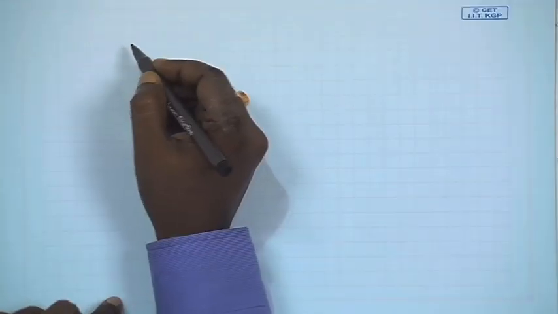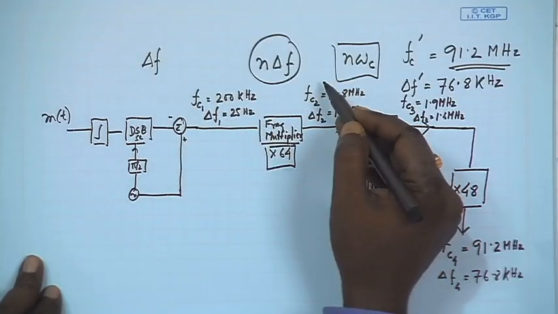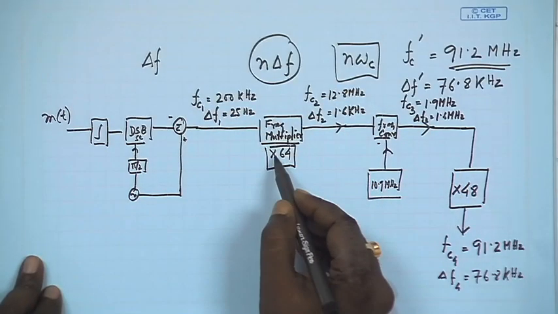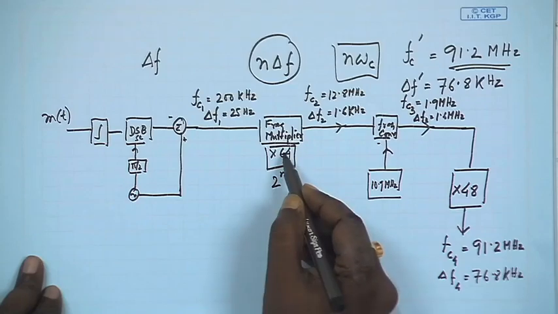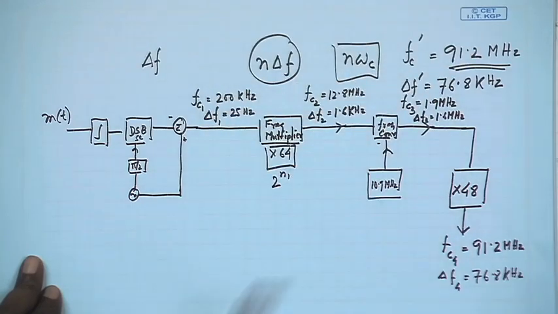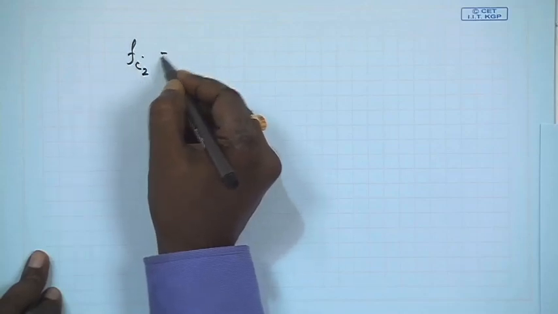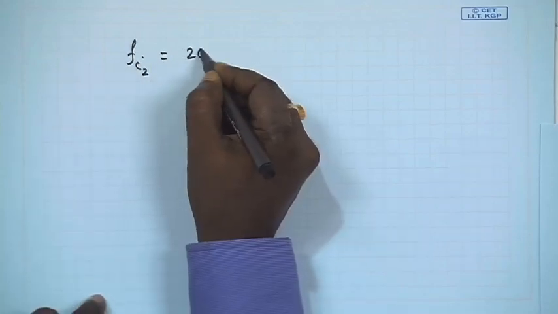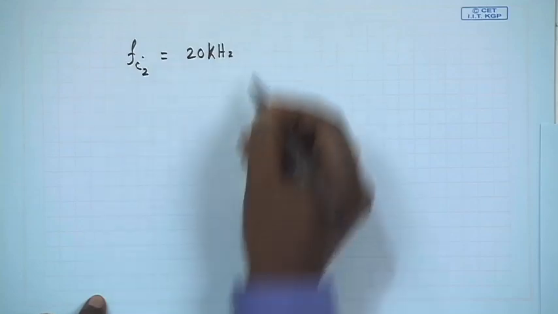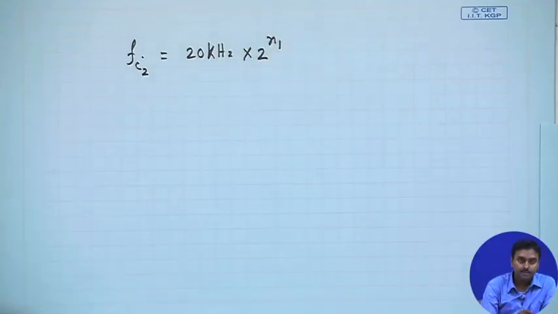Suppose the first stage is n1 multiplication, and the second stage is n2 multiplication. Then, with the convention I took in the previous example, this becomes Fc1. What should be my Fc2? That is Fc1, which was 20 kilohertz according to our example, multiplied by 2 to the power n1, which is this 64.